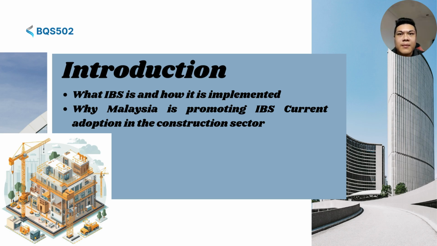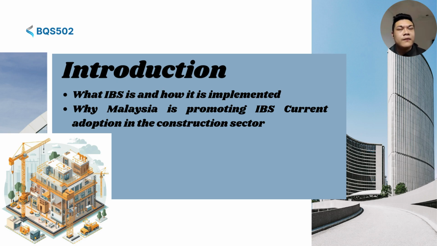So IBS is an industrialized building system, a modern construction method using building components that are manufactured in factories instead of being constructed manually on site. This is to ensure higher accuracy, better control of material quality, and faster project delivery.